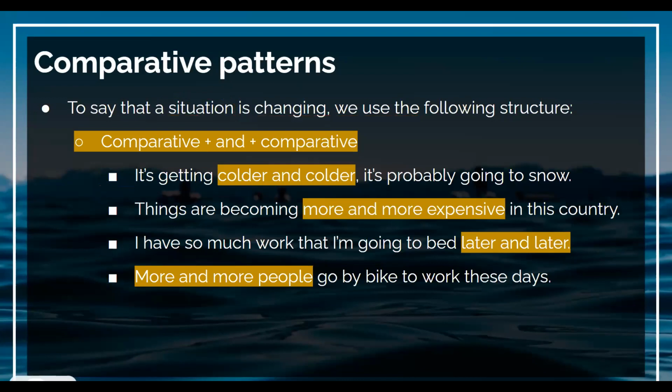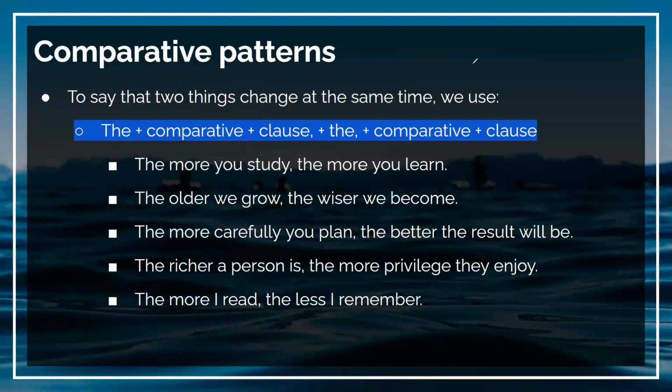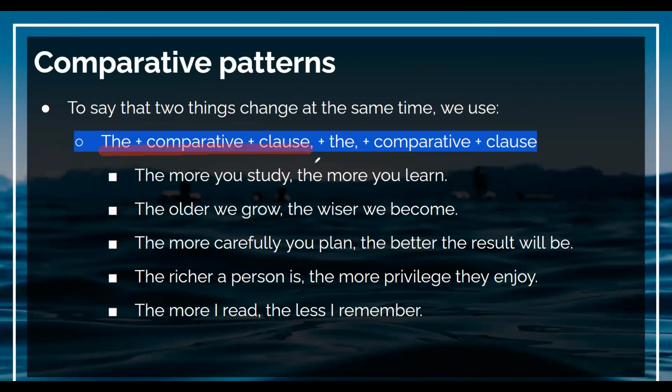And you're only describing one situation. But when you use this structure, you are going to compare two different things, okay? And it's basically a repeated comparative: the plus comparative plus clause, and then a comma, and again, the comparative plus clause.